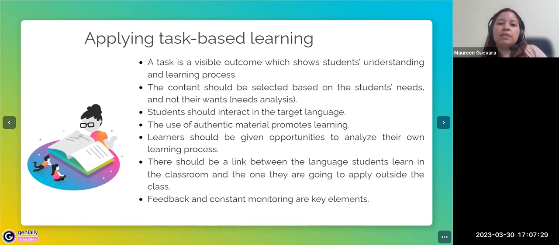The use of authentic material also promotes learning. And when we talk about authentic material, it's about the use of newspaper articles, digital ones, or maybe videos, or even short stories that are real in the target language, so that they can learn not just from textbooks, because sometimes it is not like the language that we use in everyday conversations.